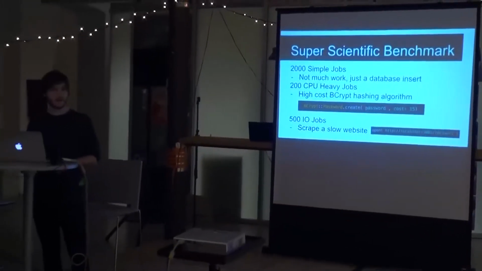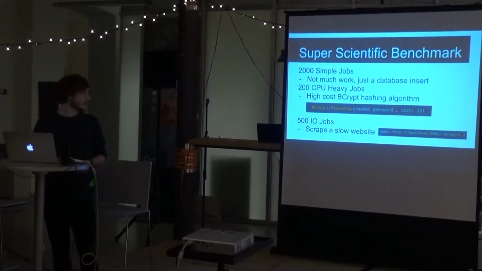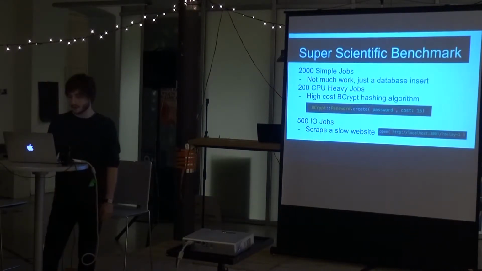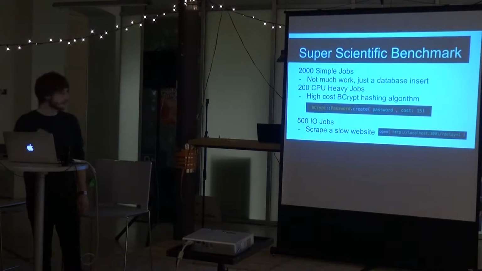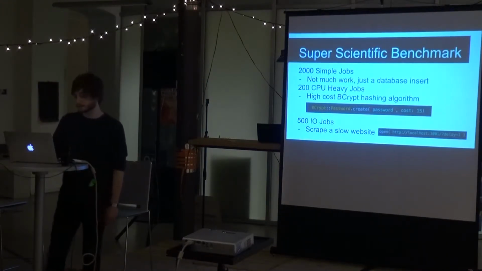I measured average processing times, total times, and I also measured some memory and CPU consumption. And another note, when I refer to a number of workers, this will mean the number of processes in Resque and Delayed Job and number of threads for Sidekiq.